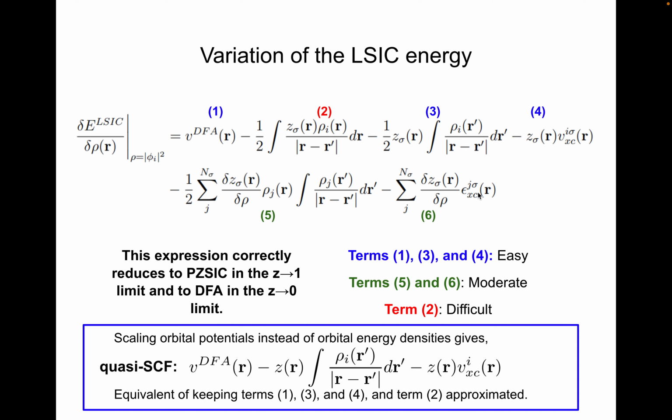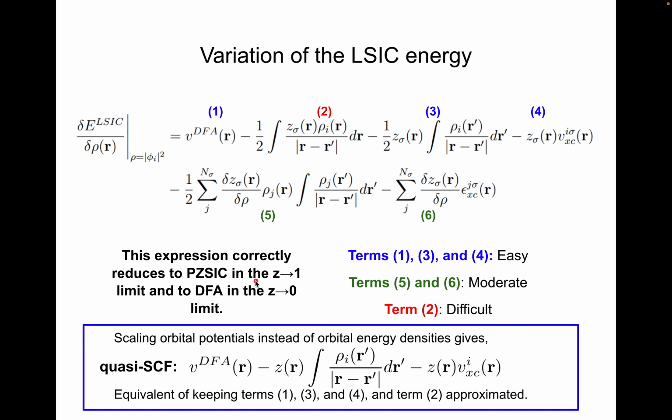To quickly check this expression, you can do so by taking the limit for the scaling factor. So if you let the scaling factor go to 1 everywhere, it should reduce down to the PGSIC expression. So let's do that. And if you do that, terms number 5 and 6 drop out, and terms number 2, 3, and 4 essentially reduce to the self-Coulomb and self-exchange correlation terms from the PGSIC, and it correctly reduces down to the PGSIC in that particular limit.